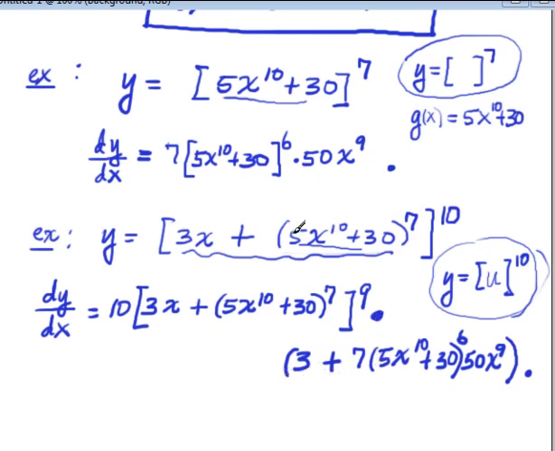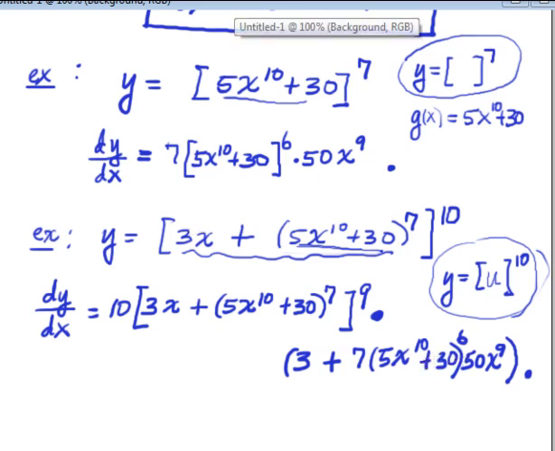That's 3 plus the derivative of this piece, which is chain rule: 7, inner function, exponent 6, and then the derivative of the inner function, which is 50x to the 9th. So that's a more complicated chain rule because we did a chain rule within a chain rule. The derivative of the inside required a chain rule as well.